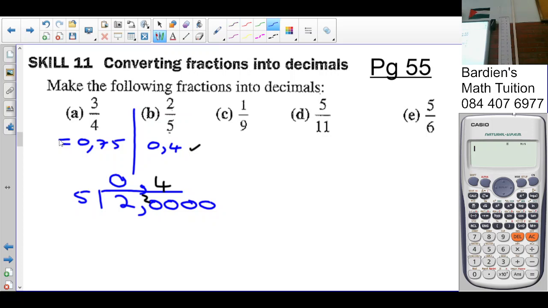Okay. So I'll carry on from here. This is short division. So what would this be? What do you guys get as an answer here? 0.4. Who got 0.4? For C, what did you guys get?